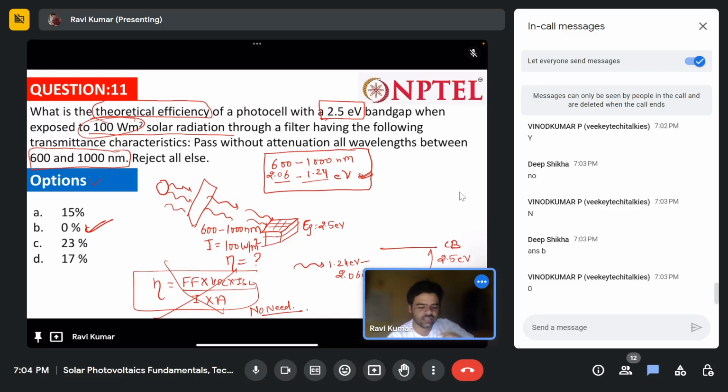Unless the range of wavelength is correct, there will be no charge carrier generation, even if this comes to the near IR range. So for this organic solar cell, B is the correct answer here.